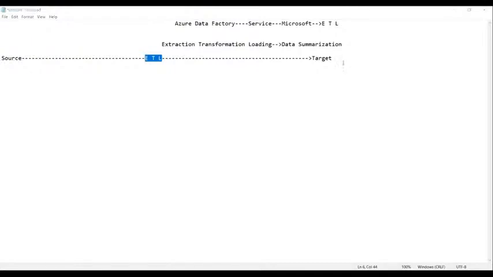Can you see the source? What do you mean by source? Source is a starting point where we can find the information.